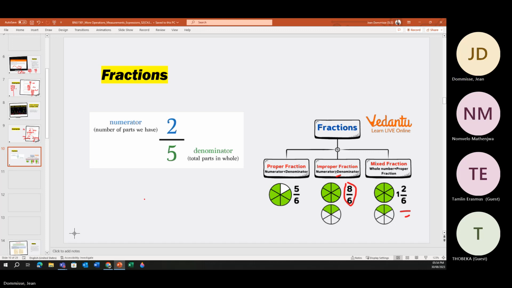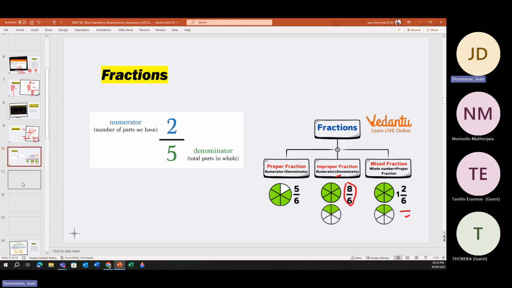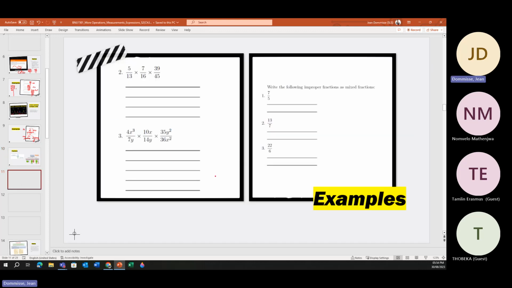Okay, so let's again look at things that we do with fractions. So first, there's ones that we need to multiply. Then there's also a few that say, write the following improper fraction as a mixed fraction.